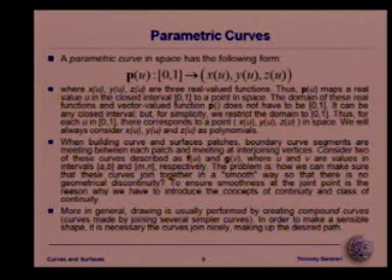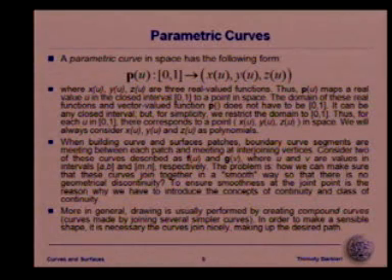But the problem is, and this is what our colleague over here said 5 minutes ago, when building curves and surfaces, boundary curve segments meet between each patch and interjoining vertices. So we can imagine having two curves, f over the parameter u and g over a different parameter v, where u and v are values in intervals a, b, and m, n, respectively.